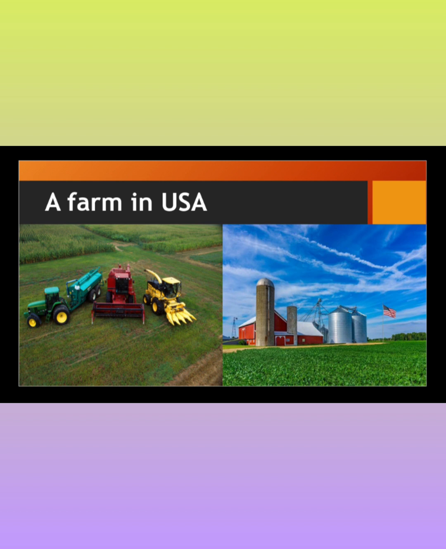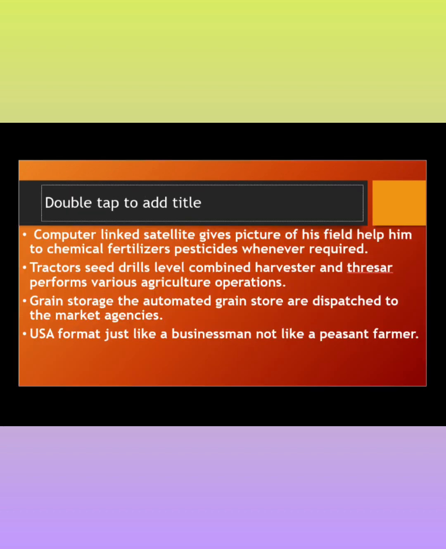This helps him to use chemical fertilizers and pesticides wherever they are required. Students, he also uses tractors, seed drills, levelers, combine harvesters in various agricultural operations. The farmer in USA works like a businessman and not like a peasant farmer.